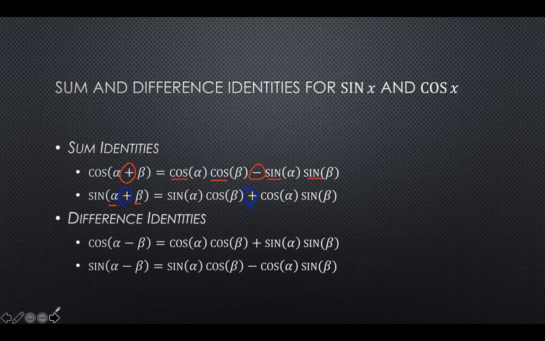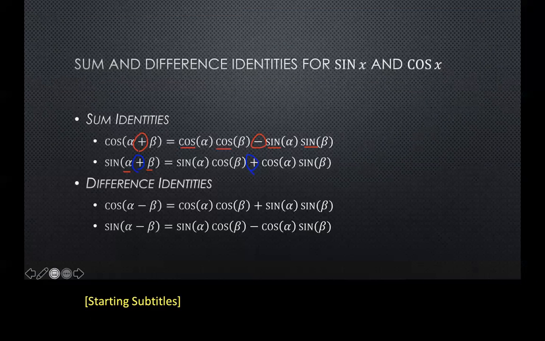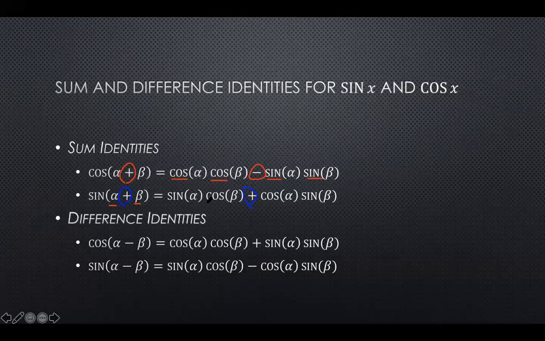But for sine, when you have the sum identities, you have 2 different trig functions multiplied together, and then the other 2 different trig functions multiplied together.